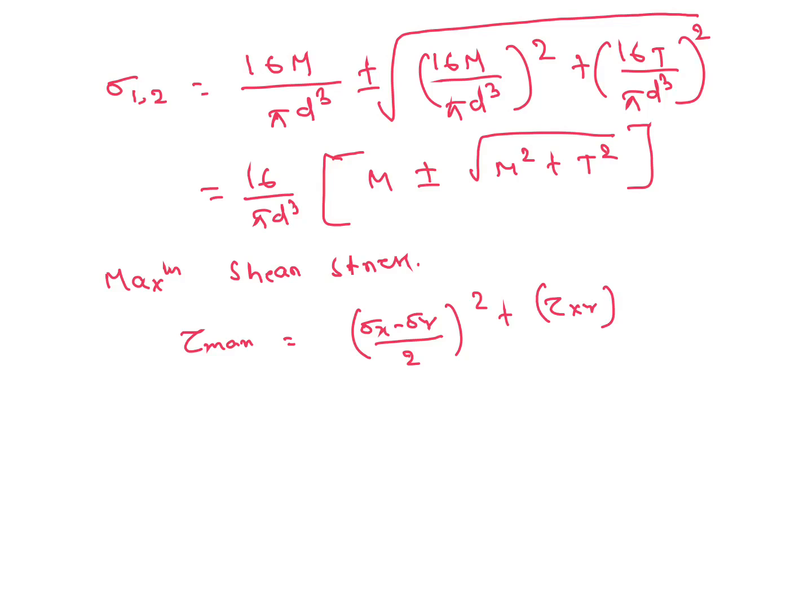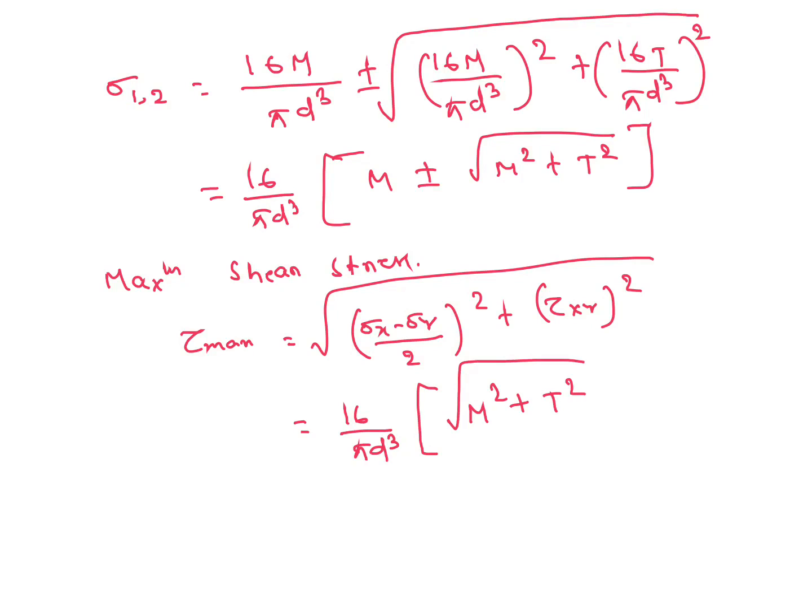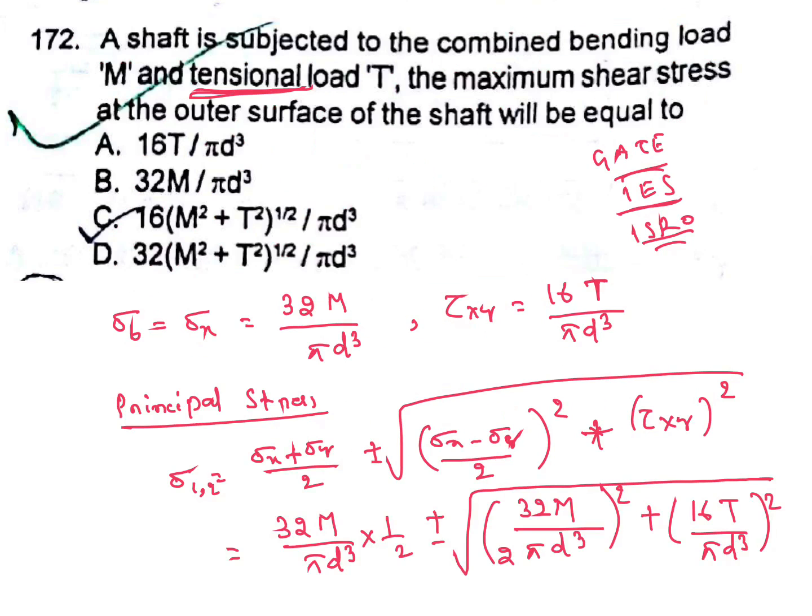If you solve this one, you will get 16 by pi d cube into square root of M square plus T square. So from the options we have to check 16 by pi d cube square root of M square plus T square. C is our answer.